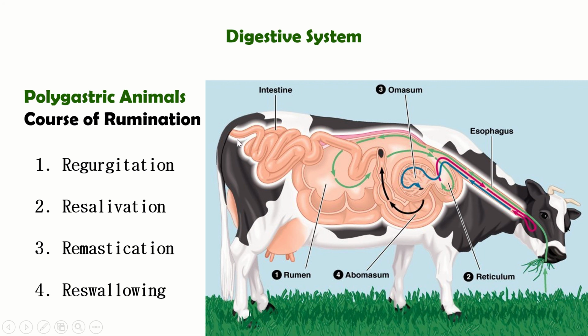Okay? So, naintindihan ba natin yon? Kaya nga kanina, nung start ng topic natin dito sa polygastric animals, sabi ko na nasa 40 to 80 kilograms of saliva yung kailangan nila per day. Bakit? Kasi nga, merong resalivation. Nguya sila ng nguya. Kaya hindi sila tumitigil sa pagnguya kasi nagre-regurgitate sila.